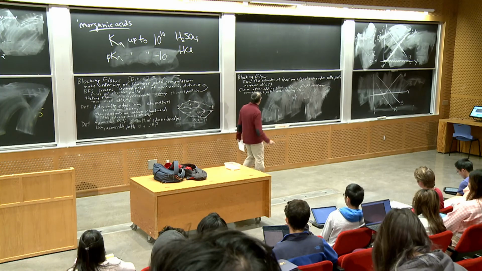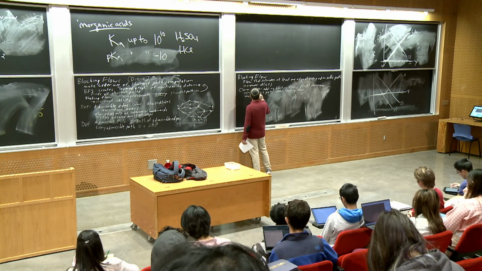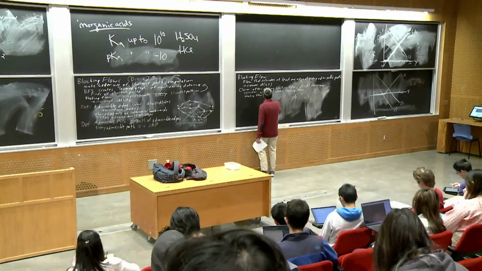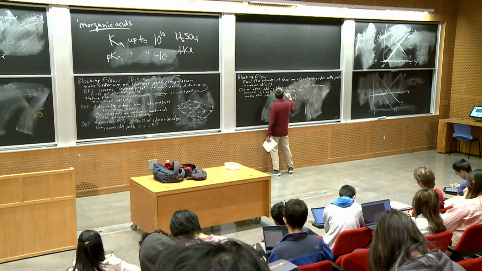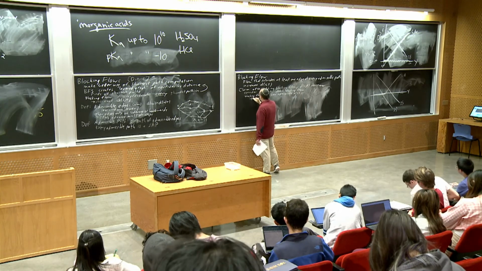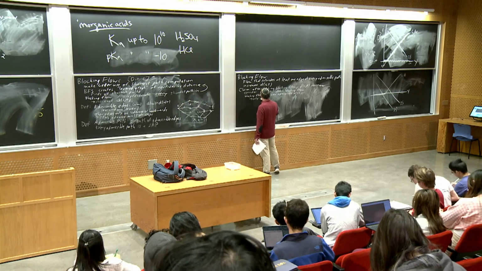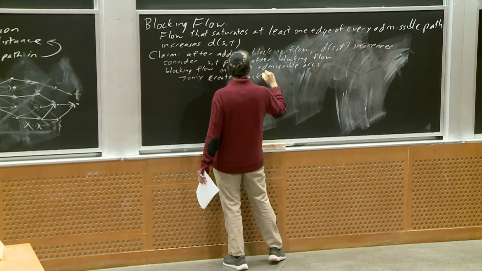Exactly. So the point is that the blocking flow only uses admissible arcs, and that implies that it only creates backward arcs.